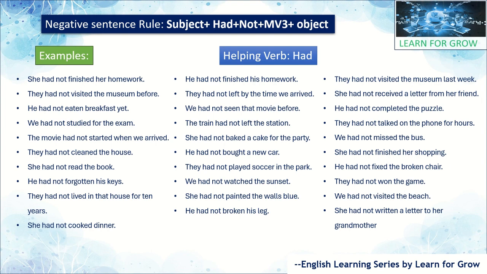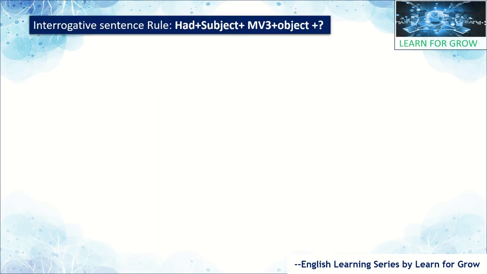I hope you understood. Let's get into the next one, that is the interrogative sentence rule. Let's have a look here. The rule: what we have changed is that had, the helping verb, comes first, after that the subject, after that main verb form 3 and object, and at the end we place the question mark symbol. Let's observe: we have taken the same rule as the affirmative sentence, but with one change.